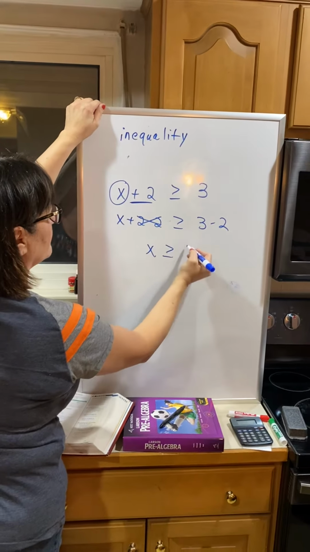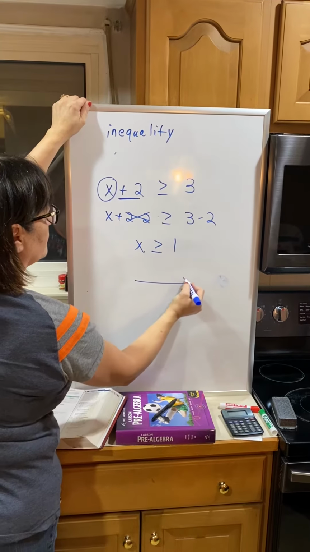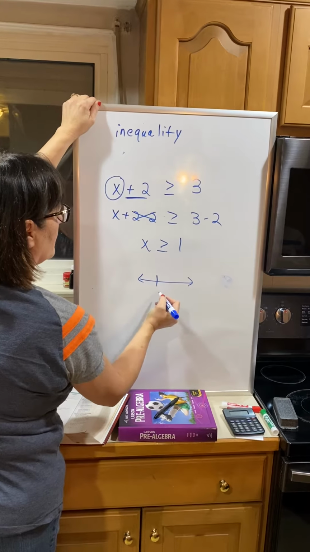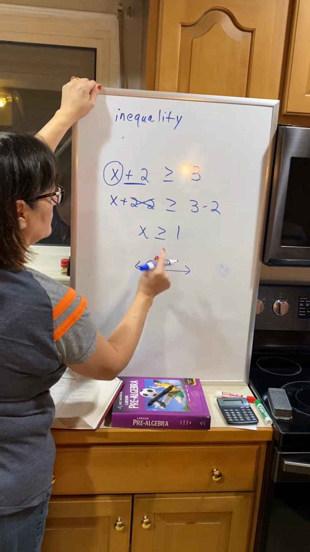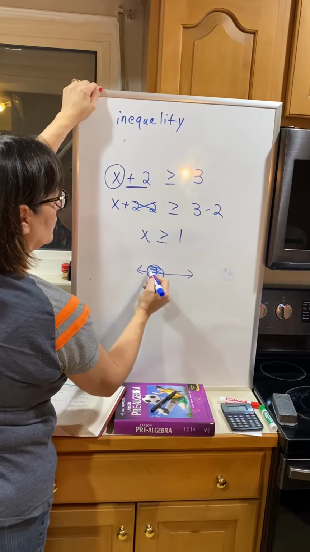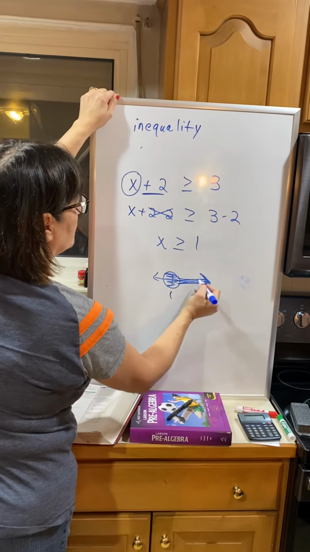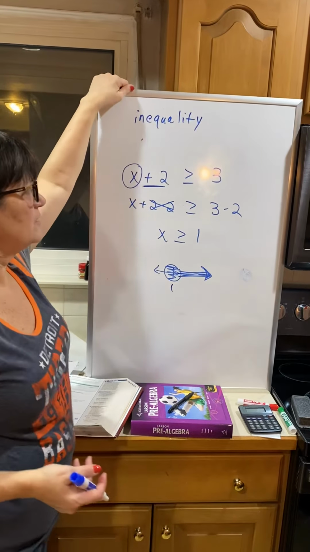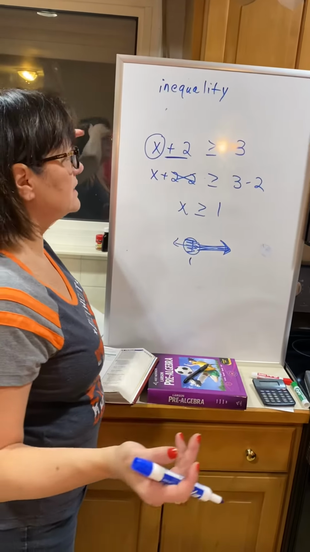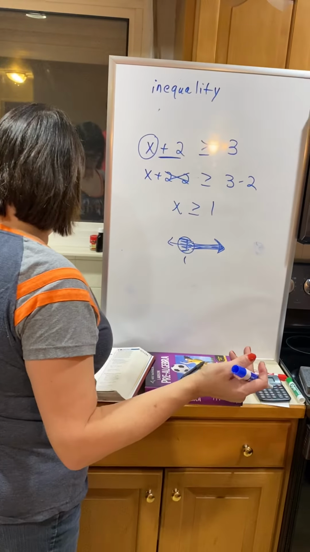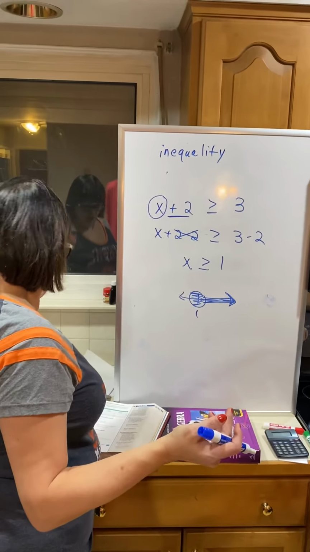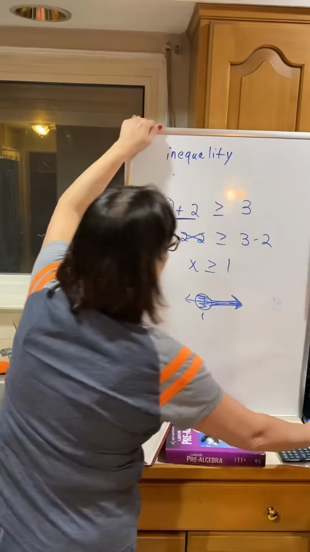X is greater than or equal to 1. And if we were to graph that, we would circle. It has the line under it, so it's closed, and everything that way. Okay? This is fairly easy. It's the same as it was when you were doing equations.